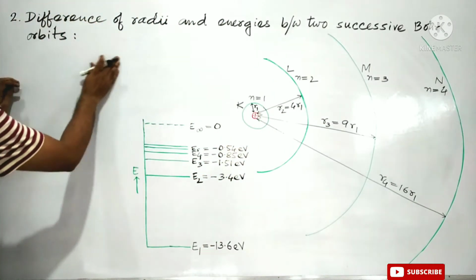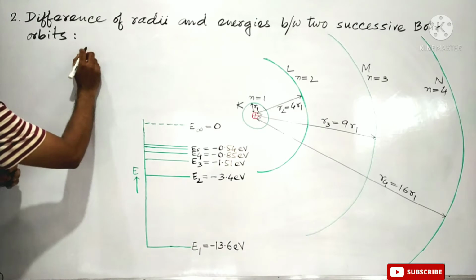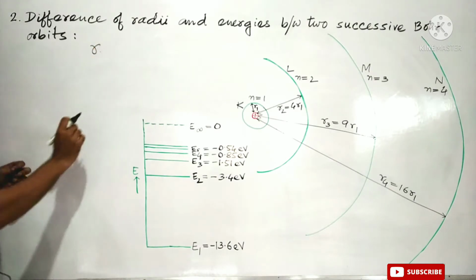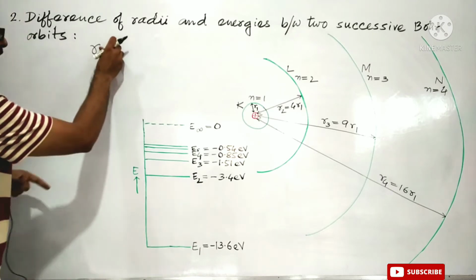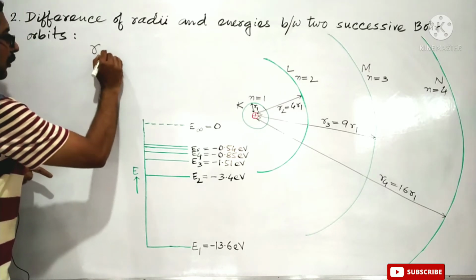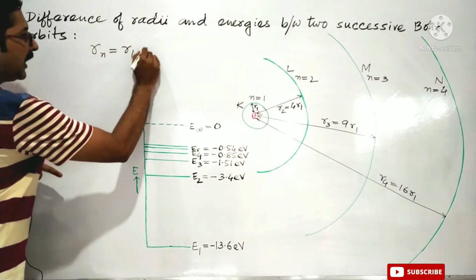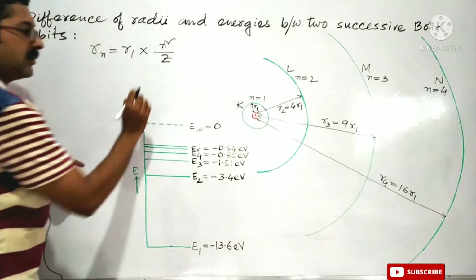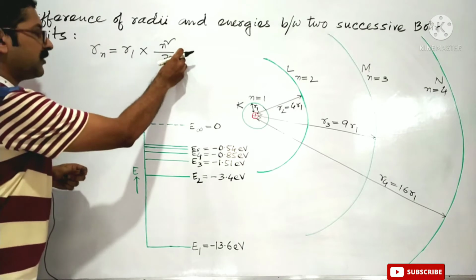Look, this is very important. From the general expression of radius, we know Rn equal to R1 into n square by Z, as we know from our previous lesson.